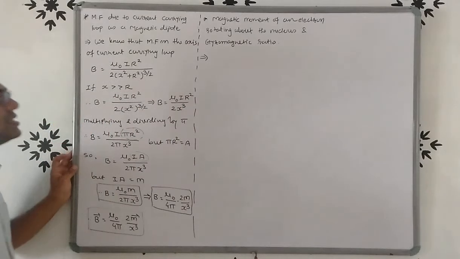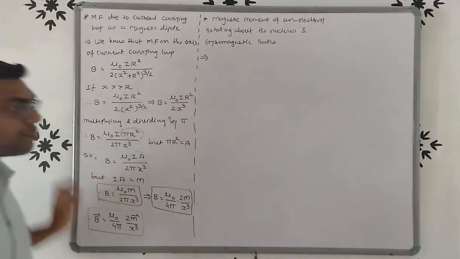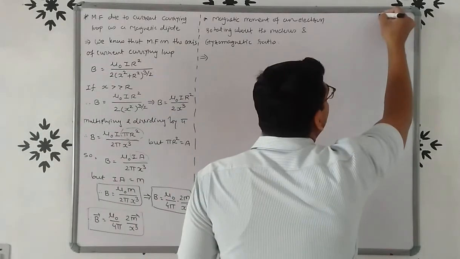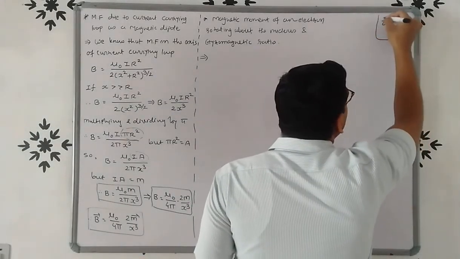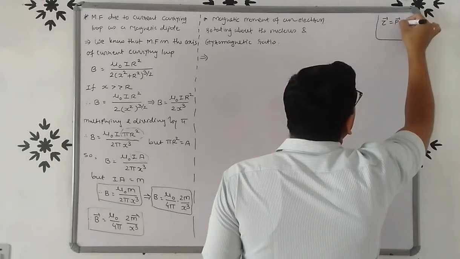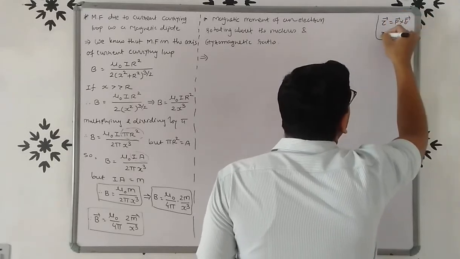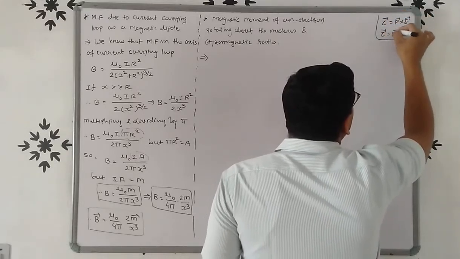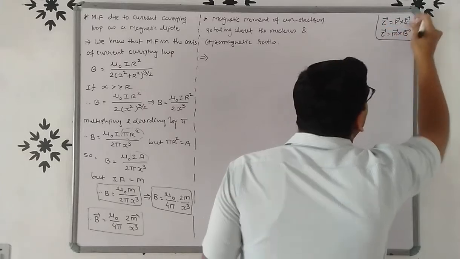I remind you once again, friends. In the electric field, we derived this equation tau is equal to P cross E, right? And for the magnetic field, in the last lecture we derived M cross B, right?